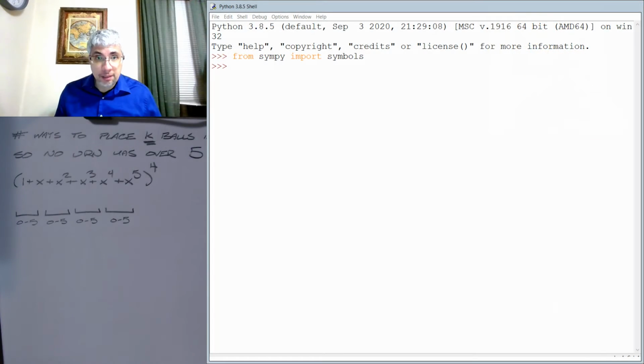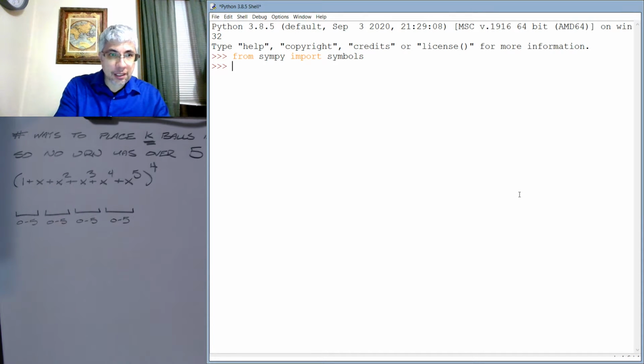So let's maybe switch for a moment over to what we're doing here. And I could say let x equals symbols. And then I just take 1 plus x plus x squared plus x cubed plus x to the 4th plus x to the 5th, and that to the power 4.